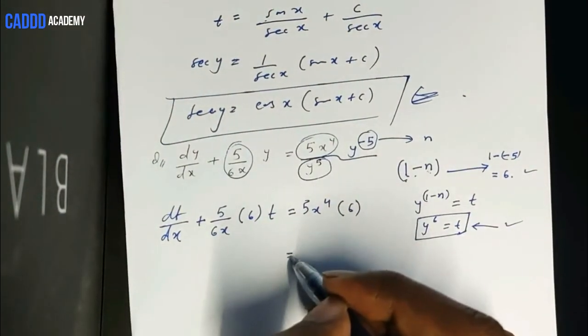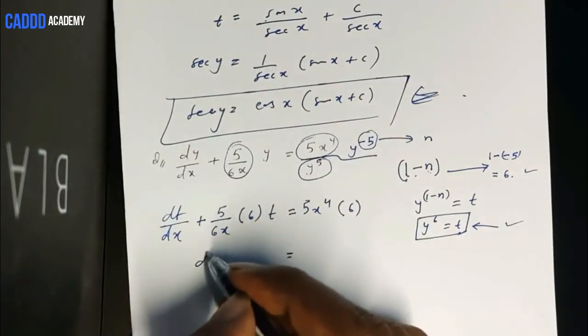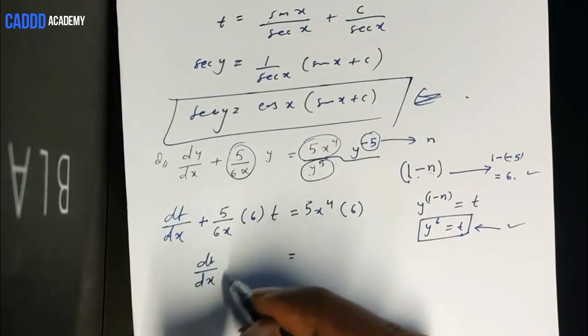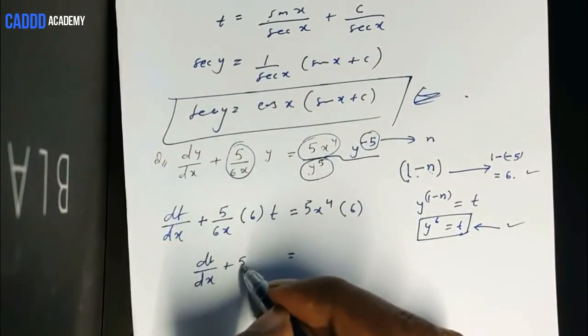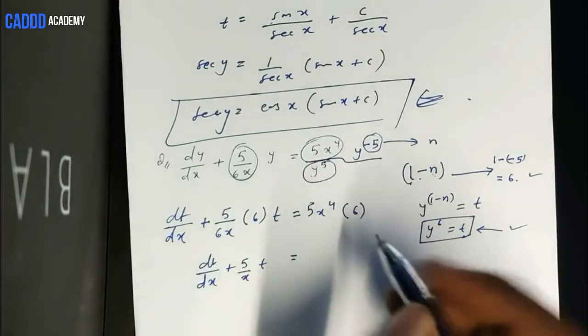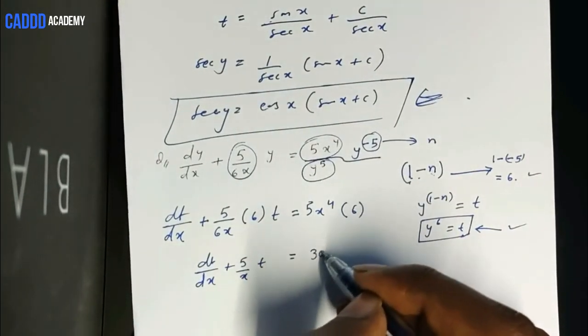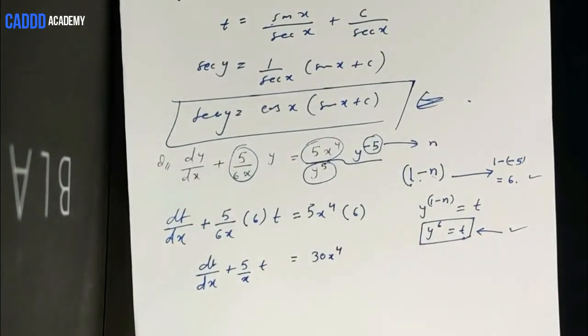So the resulting equation is dt by dx plus 5 by x t is equal to 30x to the power 4.